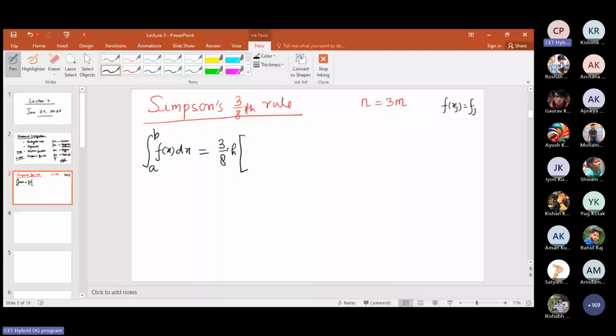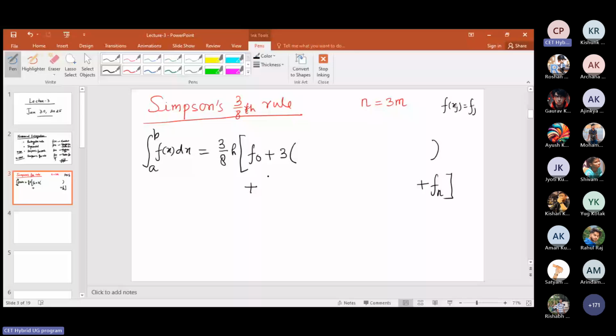3 by 8 h times f_0. The first term and last term you always write as it is, correct? First term you write as it is, and the last term also. Let us say we write here f_n, plus in between the terms will come with different coefficients. So here you have to notice how these terms will come. In case of Simpson's 1/3, the coefficients were 1, 4, 2, 4, 1.